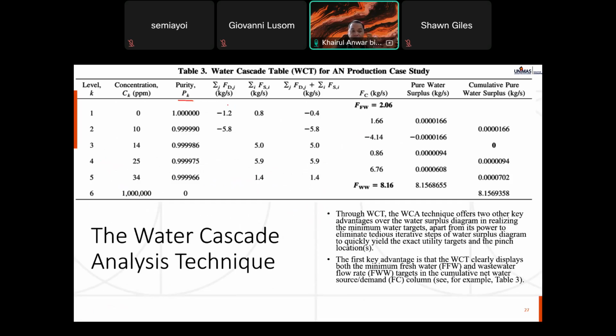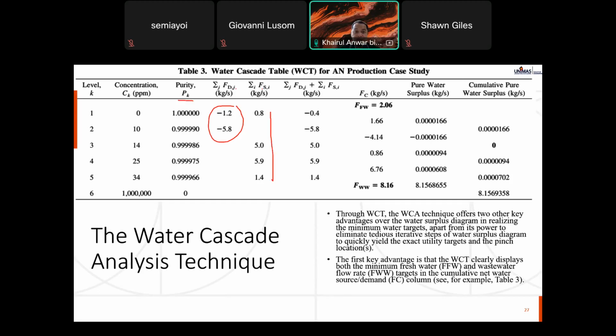FDJ is the sum of load demand. These two values, this value is coming from the interval water balance or the limiting water data for table 1.